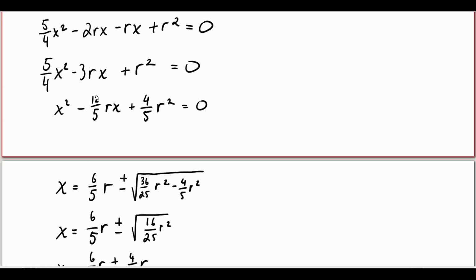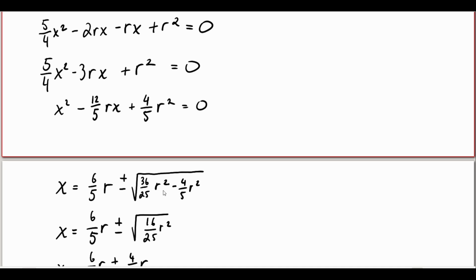So we just half this 12, we get 6/5, and just change the sign here. So it becomes 6/5 r, and then plus minus square root, and then you just square this coefficient here. Actually, you square this one. It becomes 36/25.